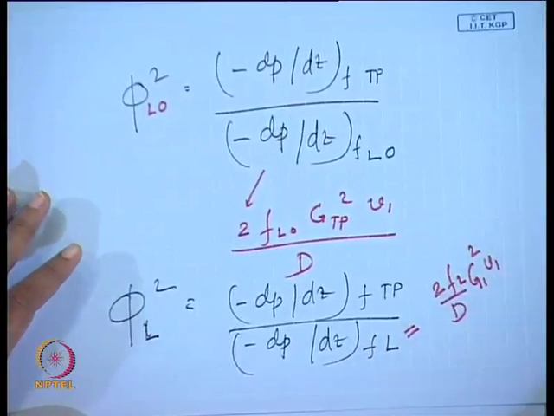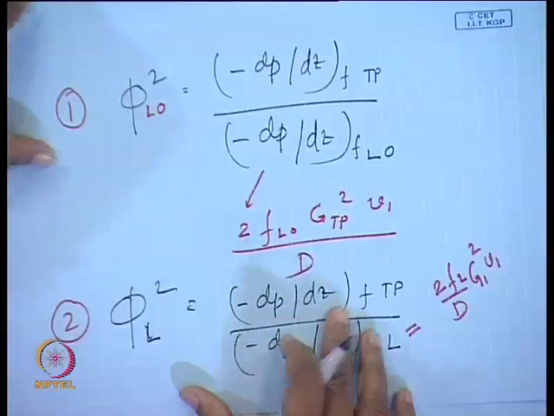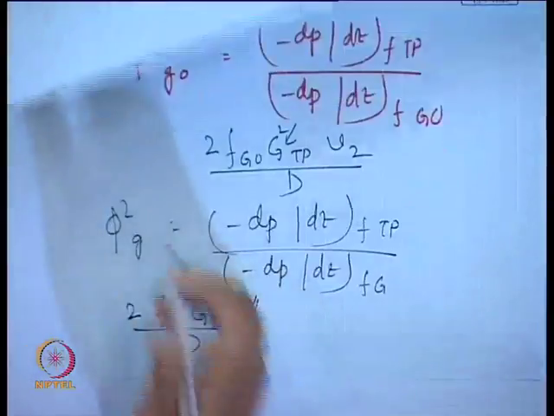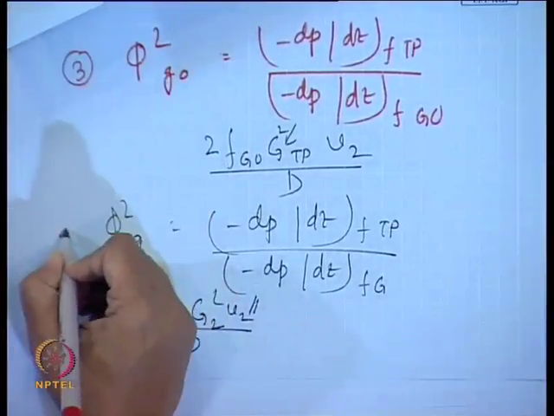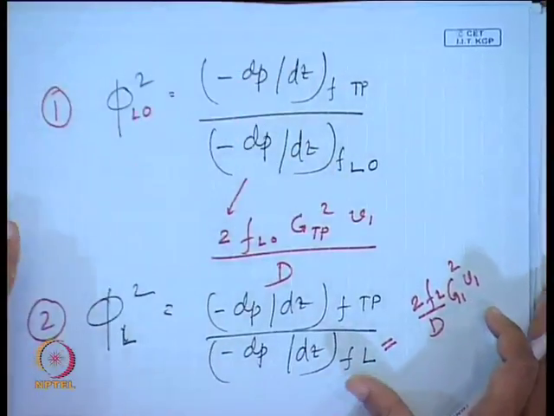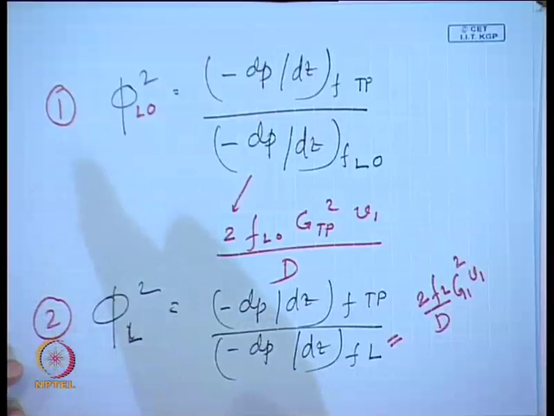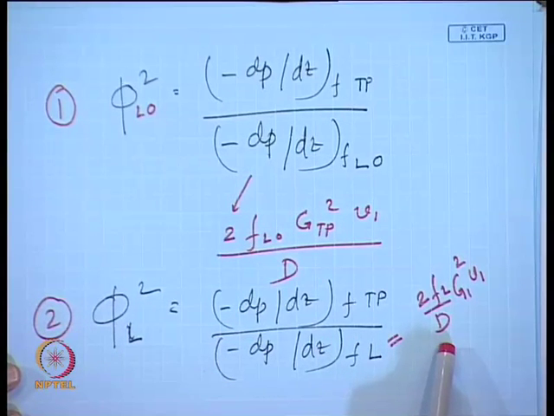So, be sure whether you have understood it, otherwise I am going to define it once more. The difference between phi square L and phi square LO is the same as the difference between phi square G and phi square GO. Are the differences clear? Just note these two expressions and then it is going to be clear.